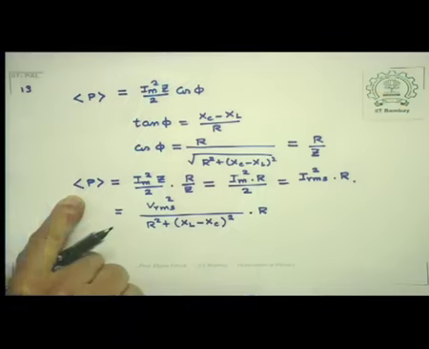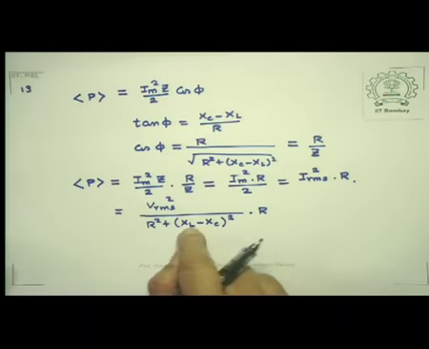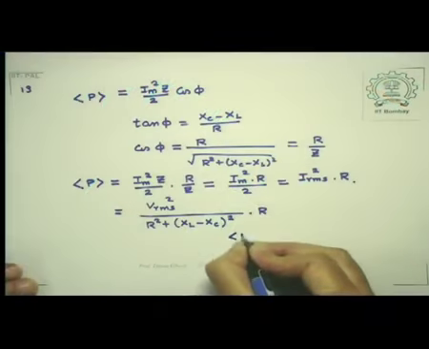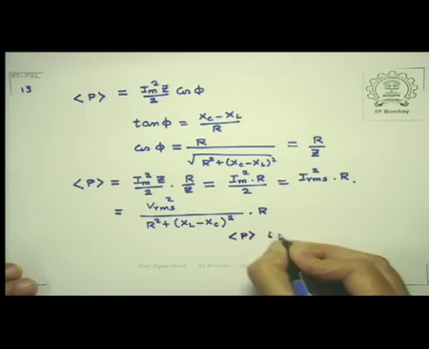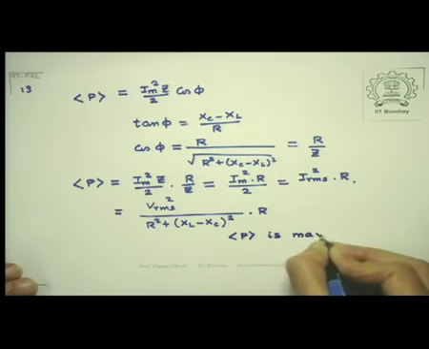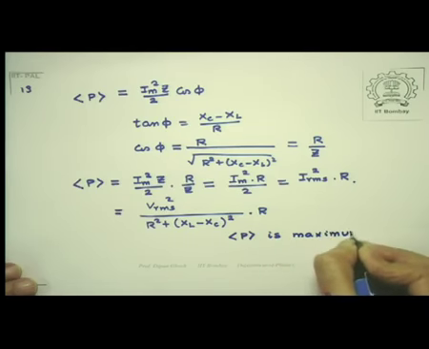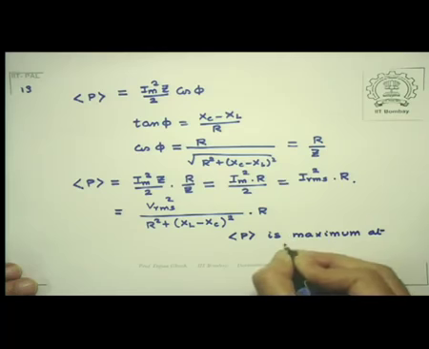What you get is that the power absorbed will be maximum when XL is equal to XC. But you also remember that XL equal to XC is the condition of resonance. So the average power is maximum at XL equal to XC.